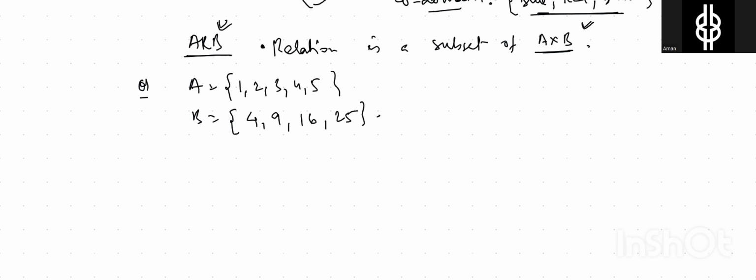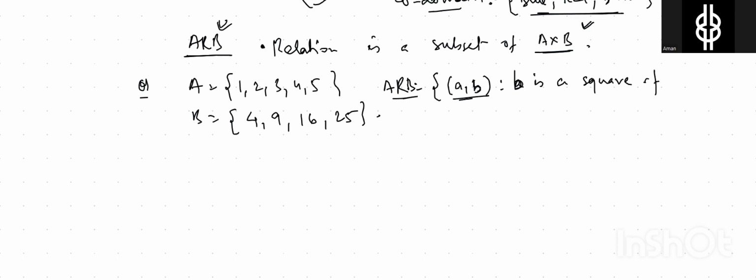The relation is A comma B, so A is related to B in such a way that, this is the condition written here, this B is a square of A.